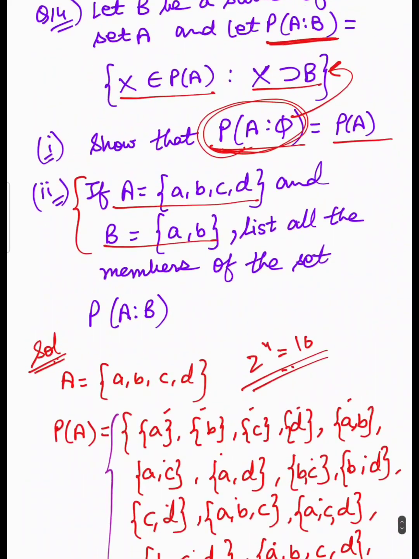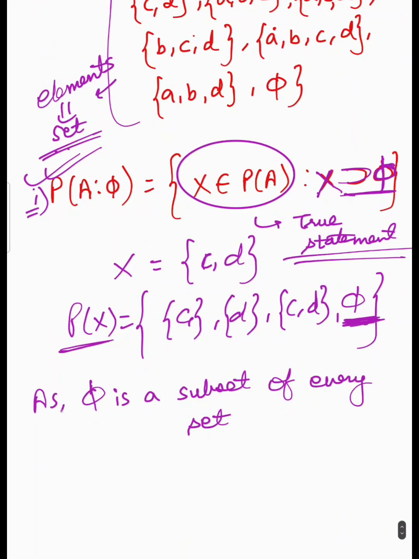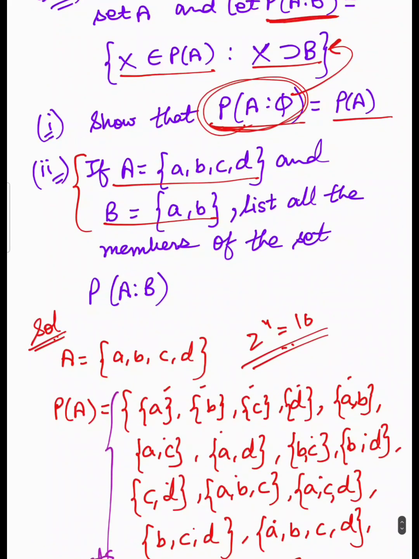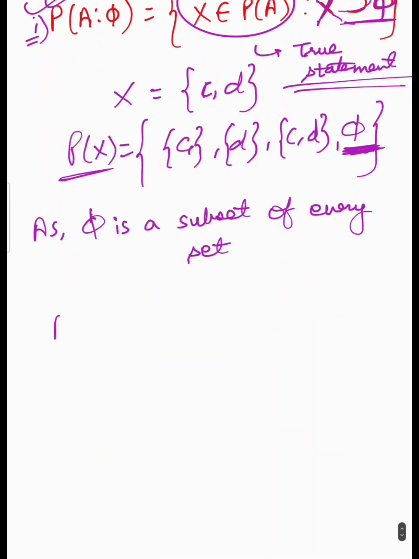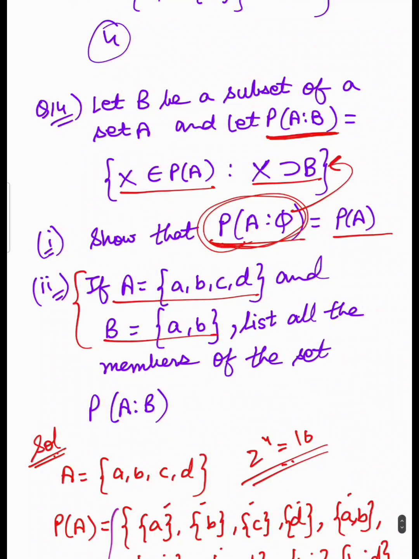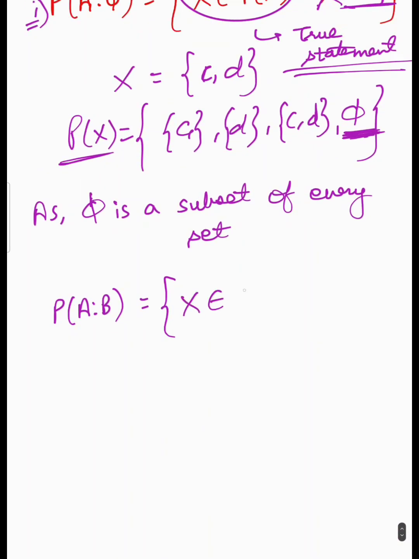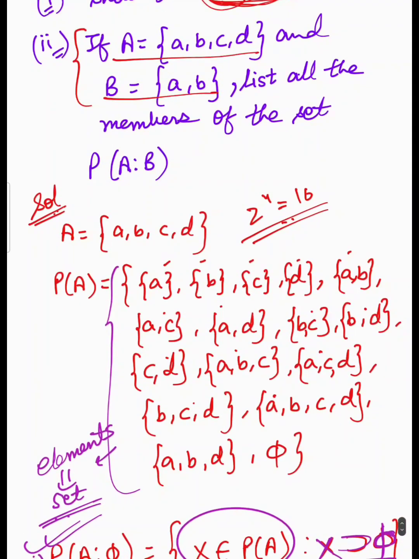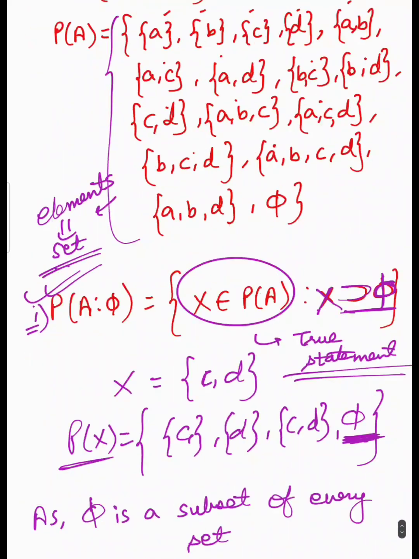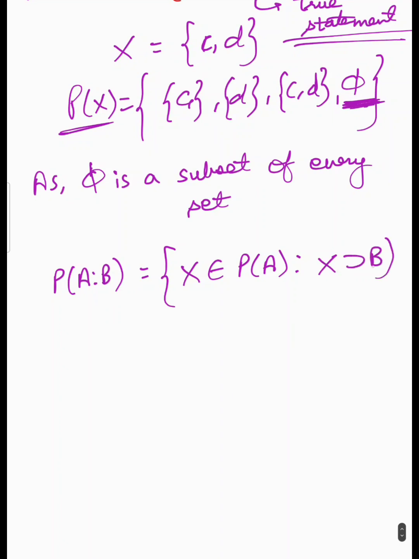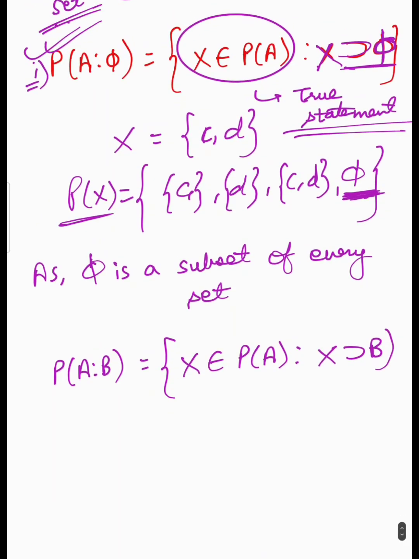Now part 2. If A is this, B is this, list all the members of the set P A to B. Now P A to B means that X, an element of P of A, and X is a superset of B. X is a superset of B. Okay, this is the question.